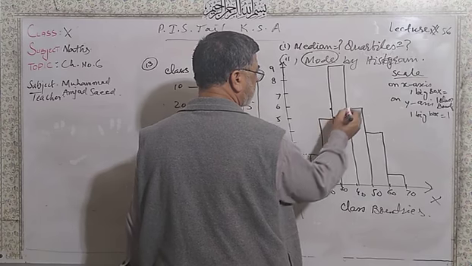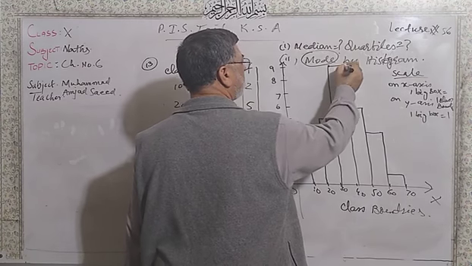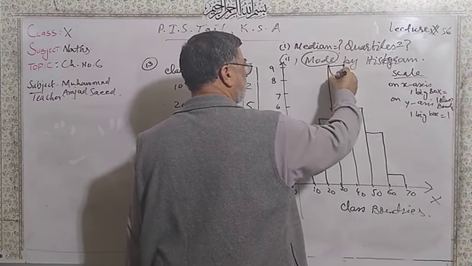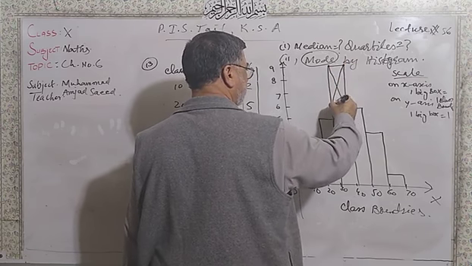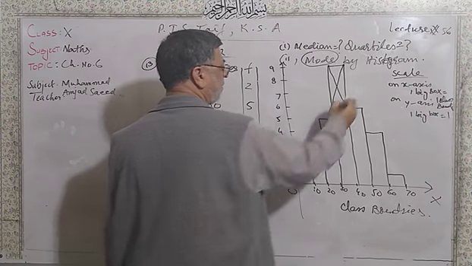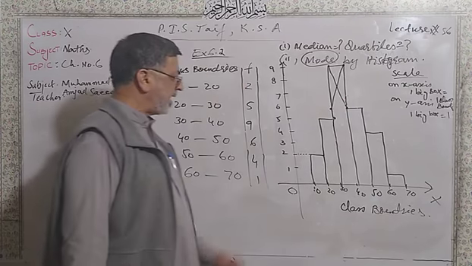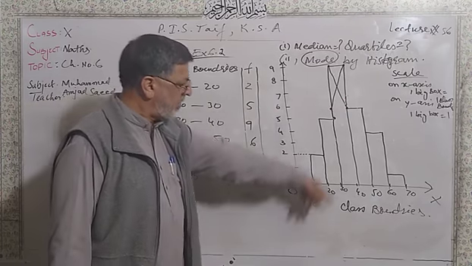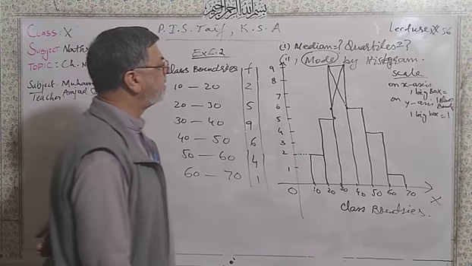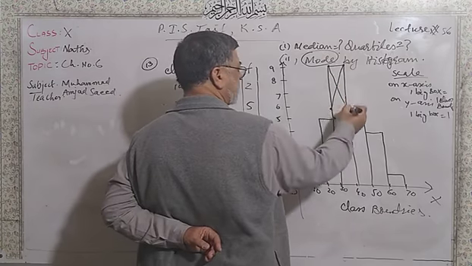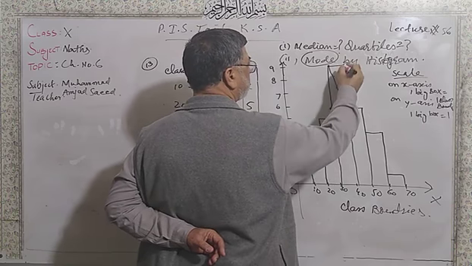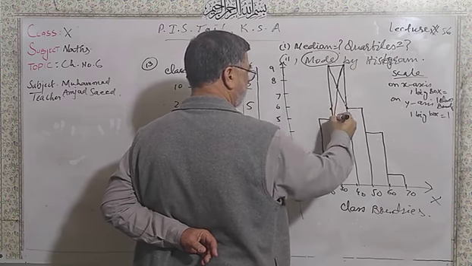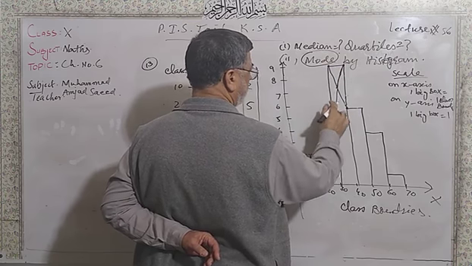Here you put the dots and join these dots in the opposite sense. Select the most frequent class boundary and join these corners from here. This one, not here, this one.